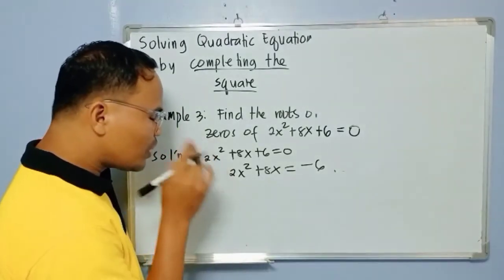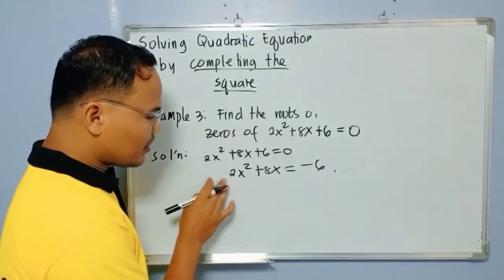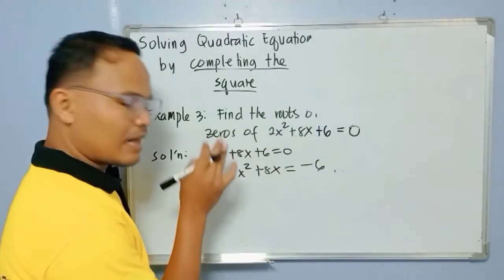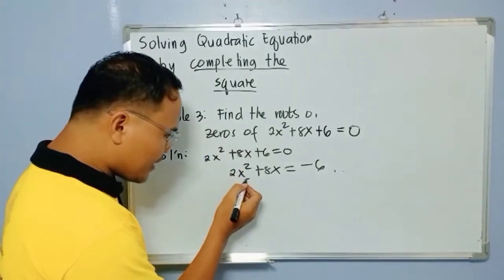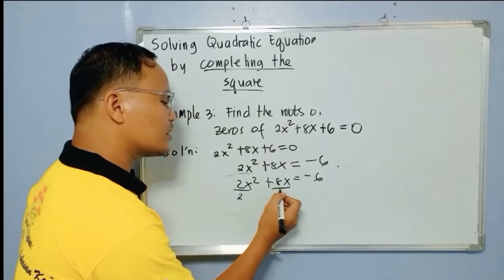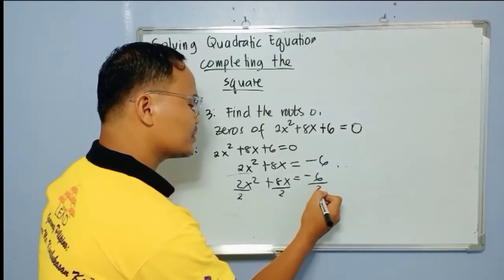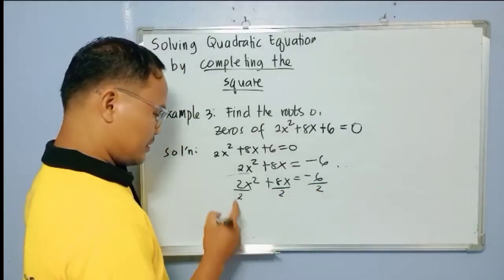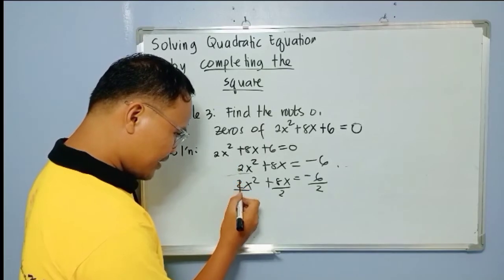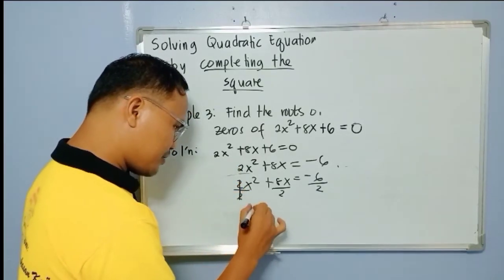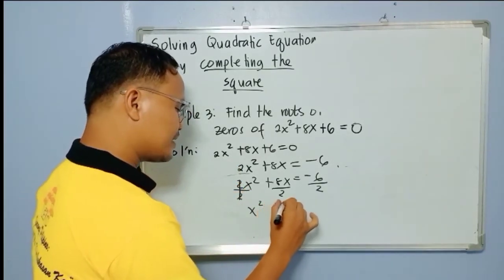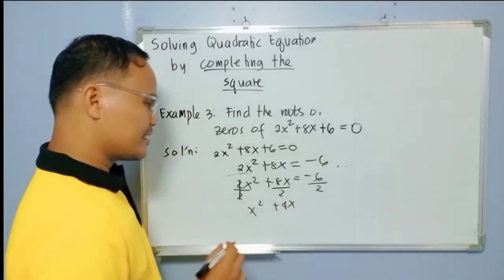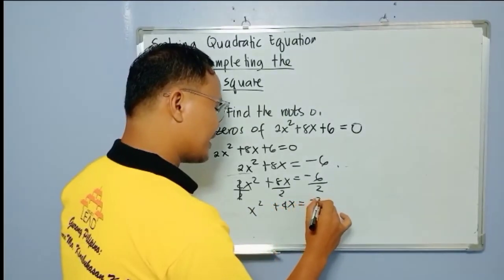So what we are going to do is cancel out 2, by dividing all terms by 2. So we have x squared plus 4x equals negative 3.